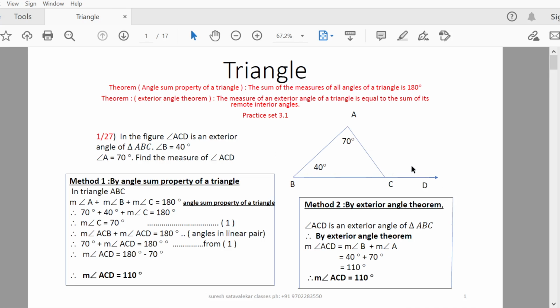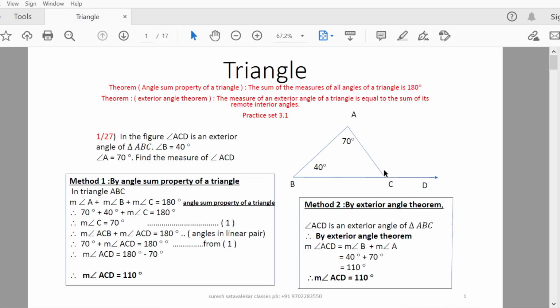This measure is asked. This sum can be done using either the angle sum property of a triangle, which states that the sum of the measures of all angles of a triangle is 180 degrees, or we can use the theorem called the exterior angle theorem, which states that the measure of an exterior angle of a triangle is equal to the sum of its remote interior angles.